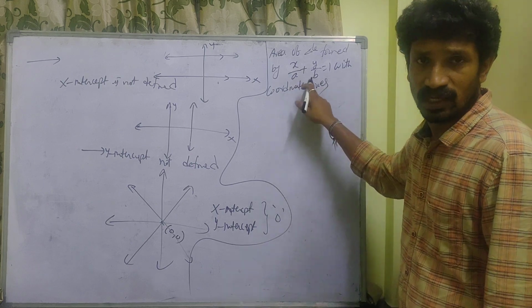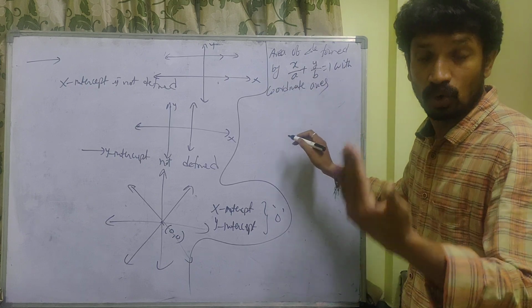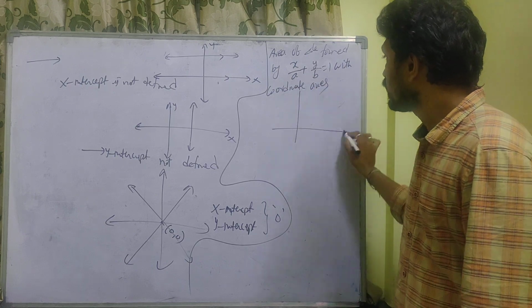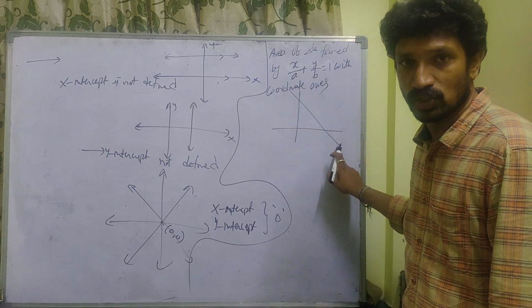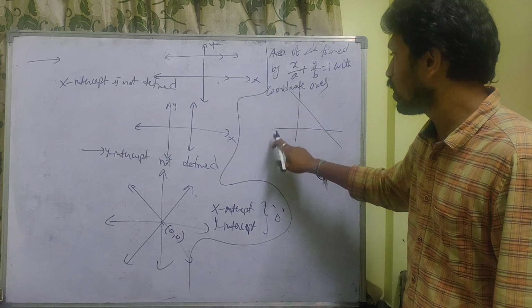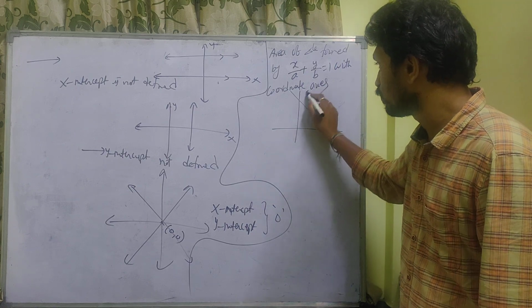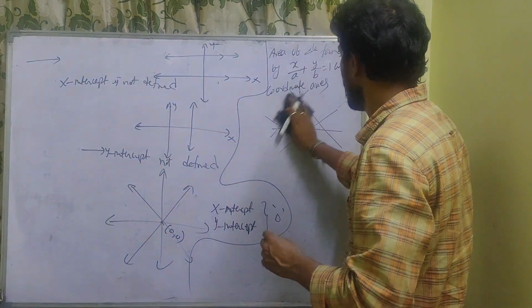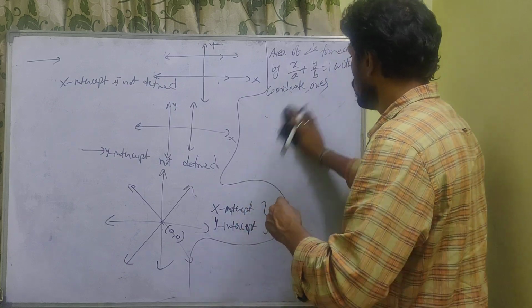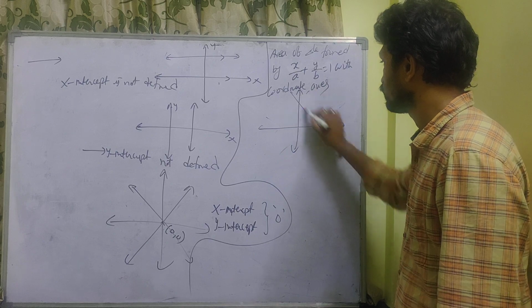Directly we have the x-intercept and y-intercept as a comma b. With the coordinate axes means the line intersects both the x-axis and the y-axis, and the intercepts may be positive or negative. So let us consider our line x by a plus y by b is equal to 1 passing through the positive x-axis and positive y-axis.